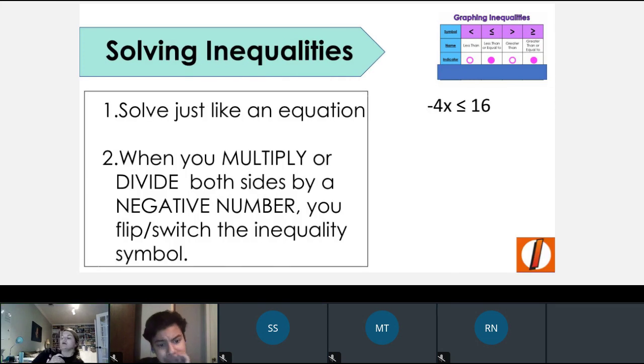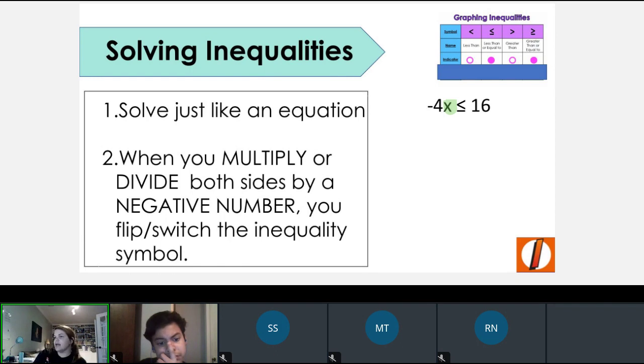Okay, so let me show you a problem where flipping or switching the inequality symbol would come into play. Solving inequalities, we're going to do the same thing that we normally do for solving equations. I'm going to find my variable, which is x, and I ask myself, what is happening to x?